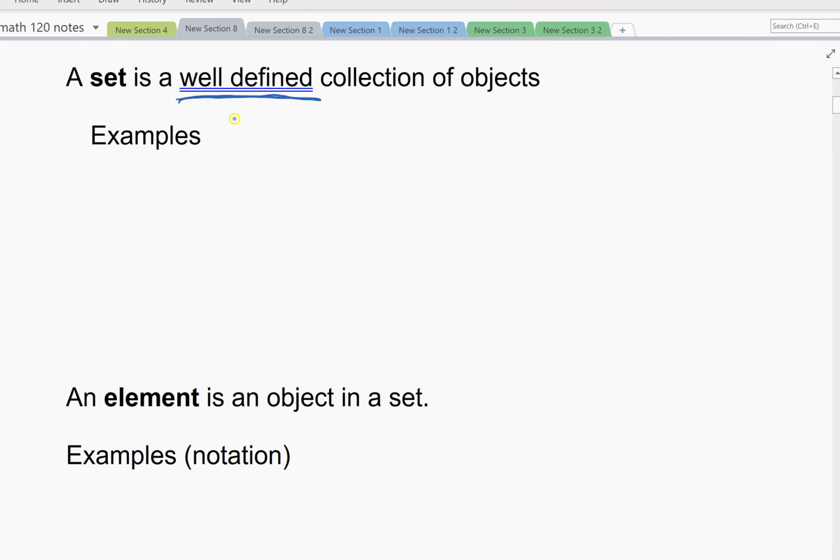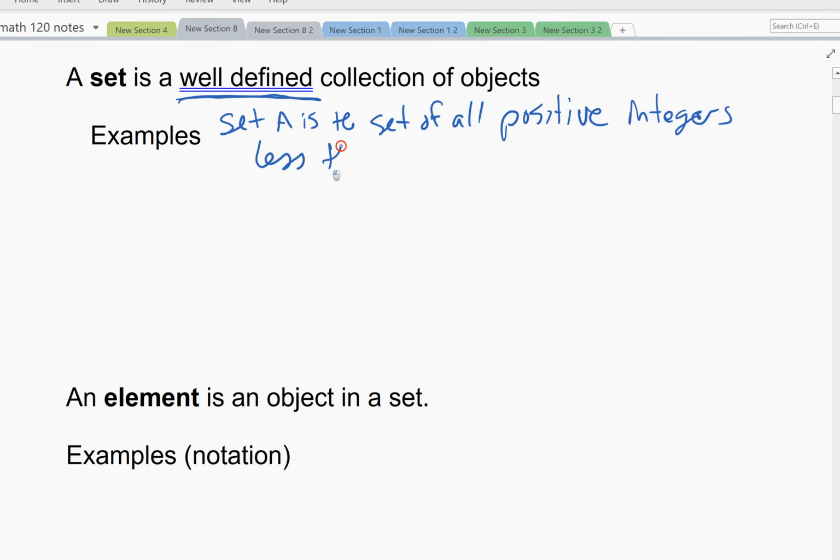So a simple example would be, suppose we deal a lot with numbers. Suppose set A is the set of all positive integers less than 11. So there's my definition, my well-defined collection: the objects are positive integers that are smaller than 11.